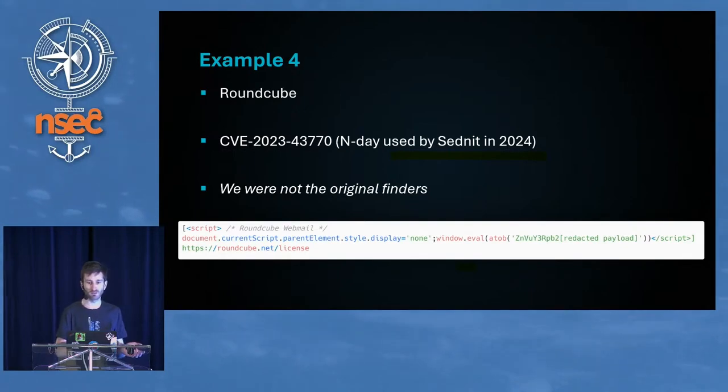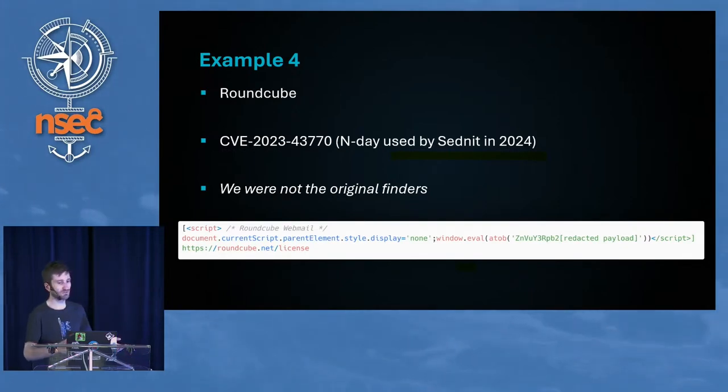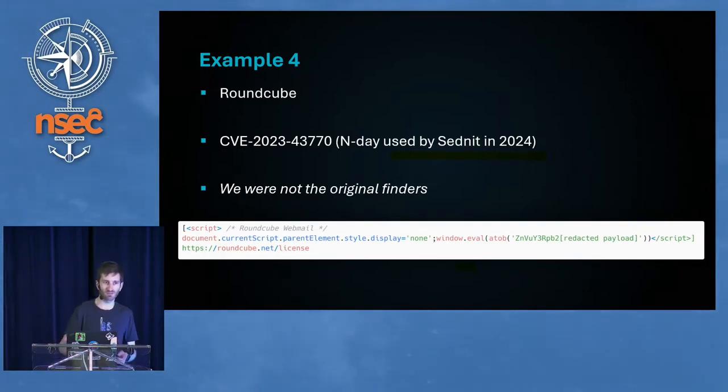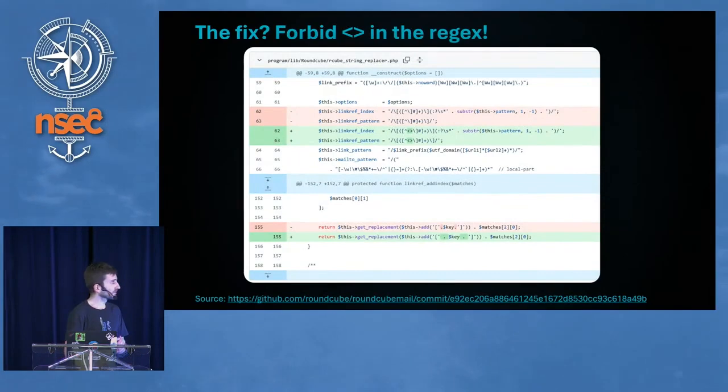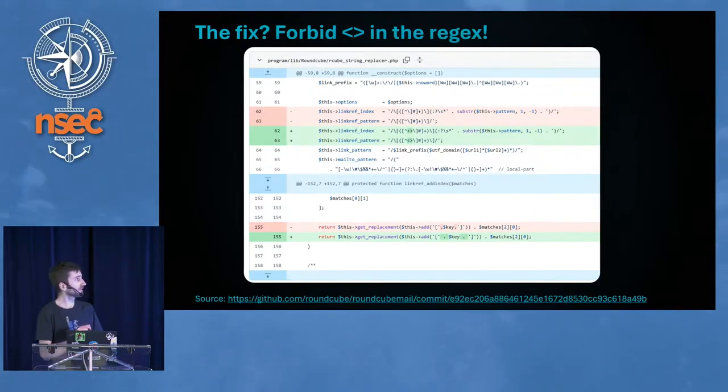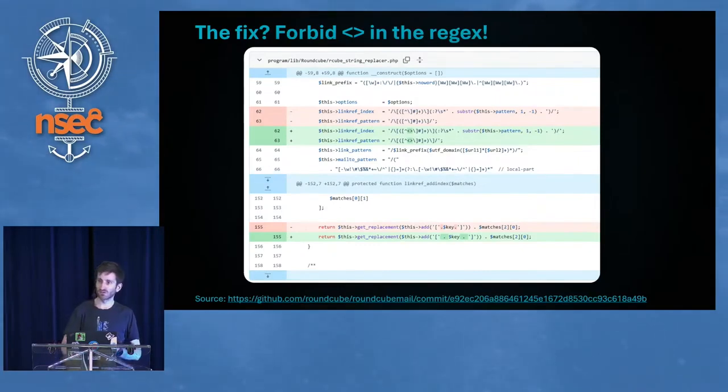Unfortunately, it seems that we can add JavaScript between the brackets instead of just raw text. The problem was in some regex that they were using to find this replacement text. And now they just forbid the less than and greater than characters. So simple fix, but yeah.